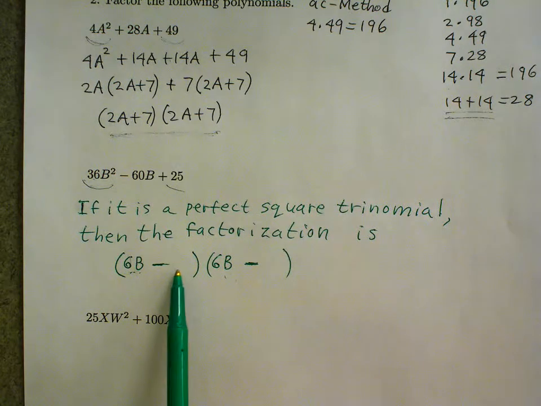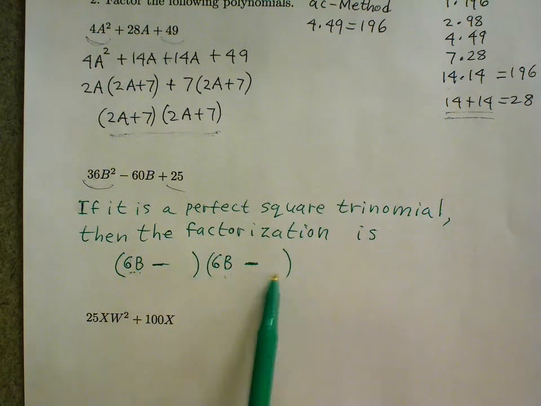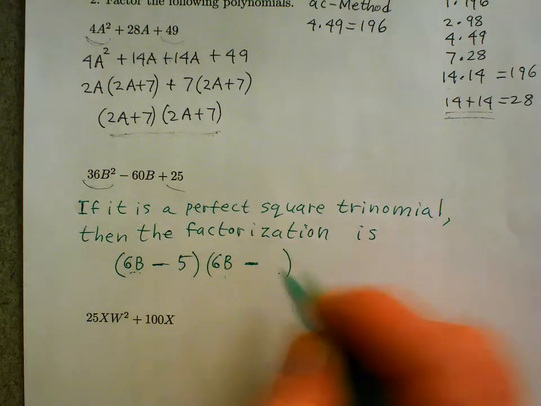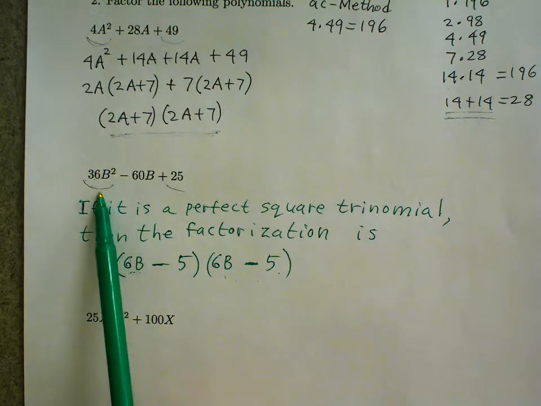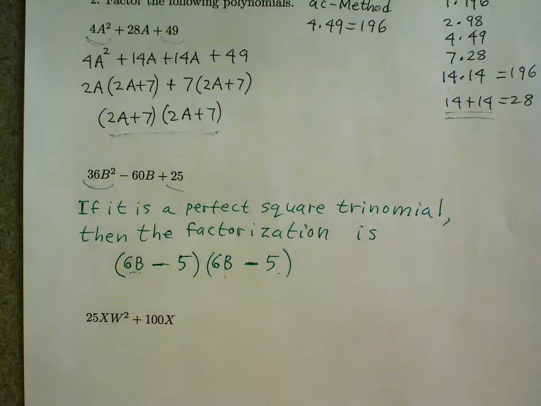And what should the term on the right of each of those binomials be? 5, yeah. So 6b minus 5 times 6b minus 5. So this is the factorization if it's a perfect square trinomial.